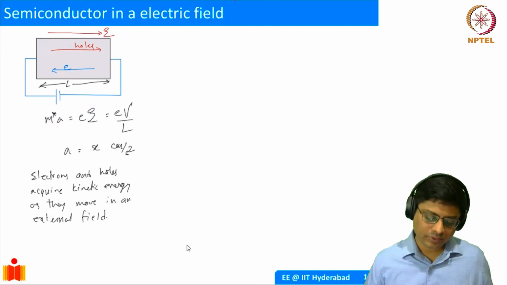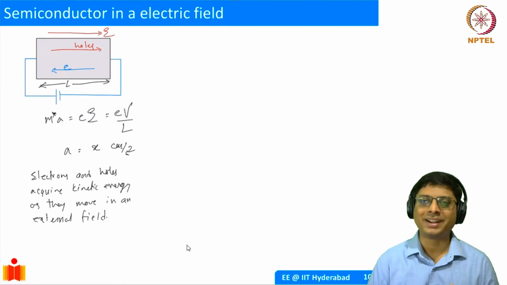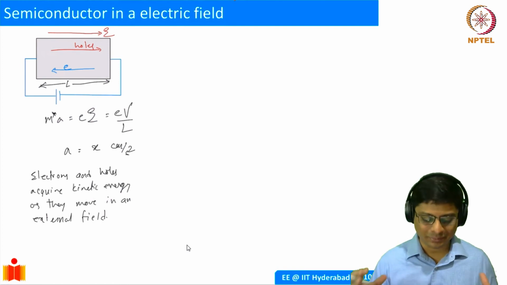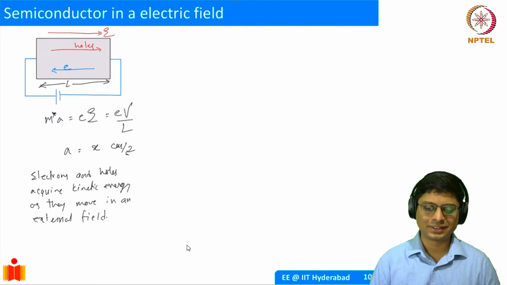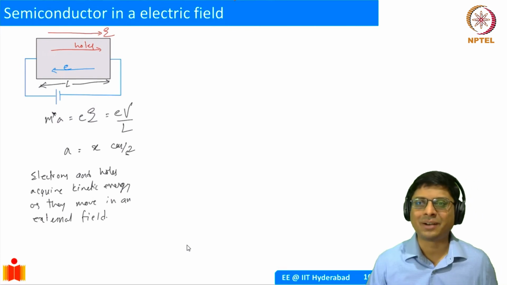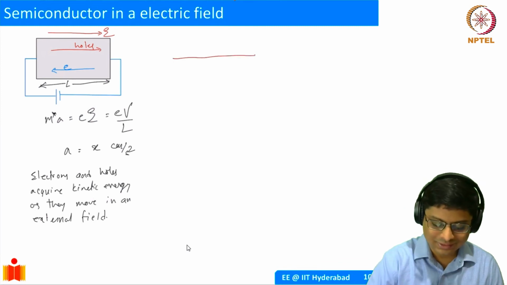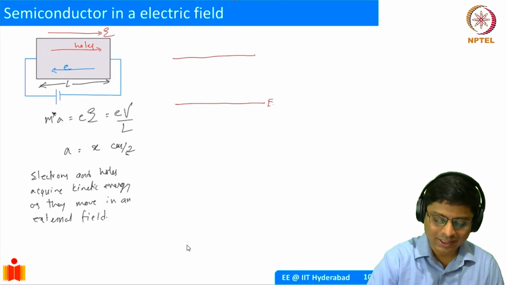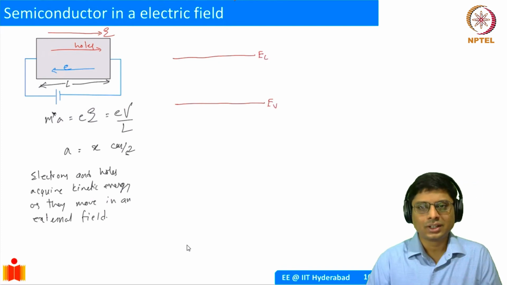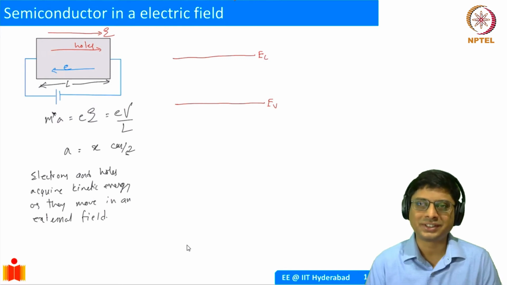So now we want to capture that in a band diagram. What happens to the band diagram when I apply an electric field? Think about it. So far, what we have seen is band diagrams were relatively harmless, right? They were simply this EV and EC. Now, if I want to represent an electron which is actually acquiring kinetic energy, how will I represent that?